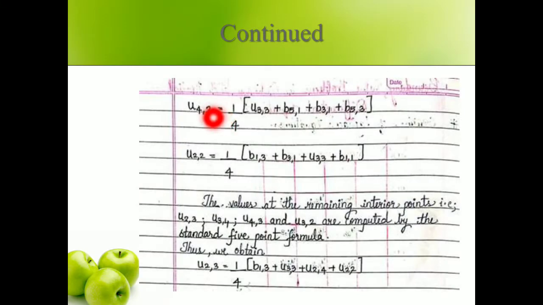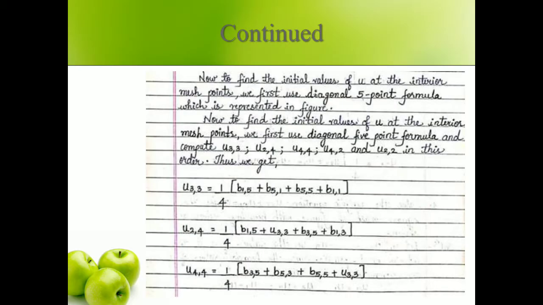Next, u42 is equal to 1 divided by 4 of u33 plus b51 plus b31 plus b53. u22 is 1 divided by 4 of b13 plus b31 plus u33 plus b11. Means you will be taking the boundary values of those points.